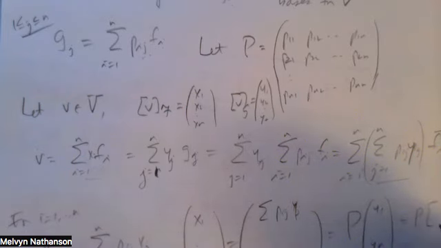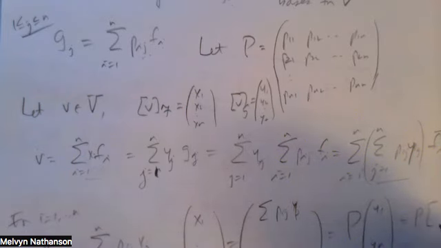So if I take the G's and write them as linear combinations of the F's, I get a matrix P. P times the coordinates of v with respect to G gives me the coordinates of v with respect to F. So this allows me to go from coordinates of G to coordinates of F. I can do the same thing.